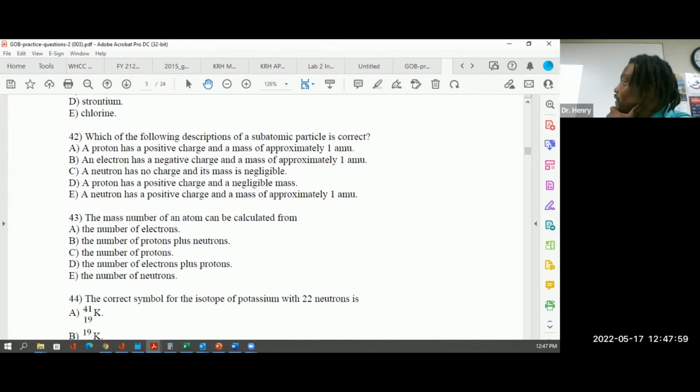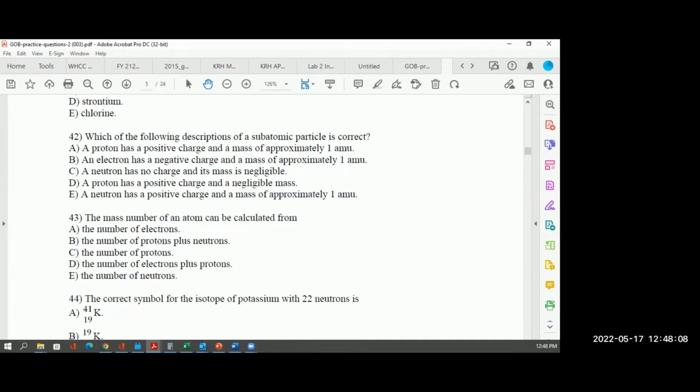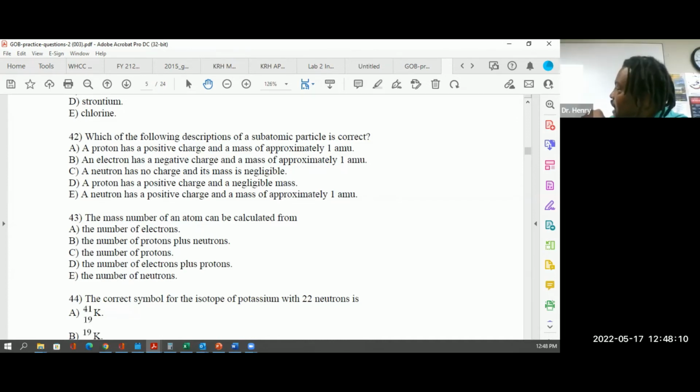Okay. Which of the following descriptions of a subatomic particle is correct? A, a proton has a positive charge and a mass of approximately 1 AMU.